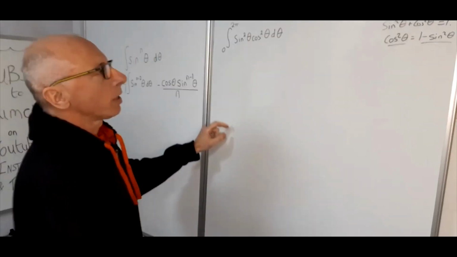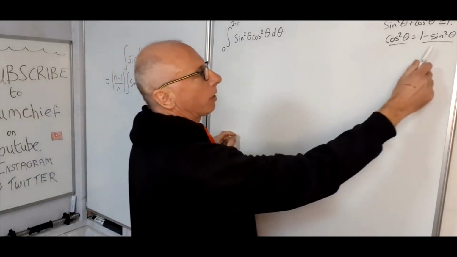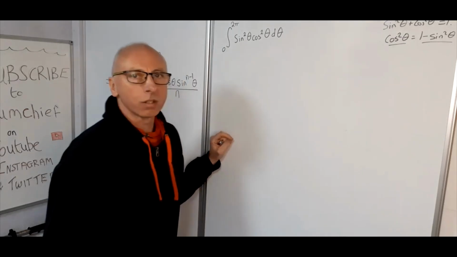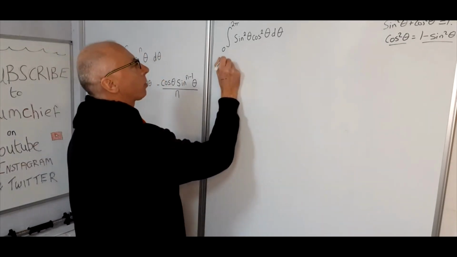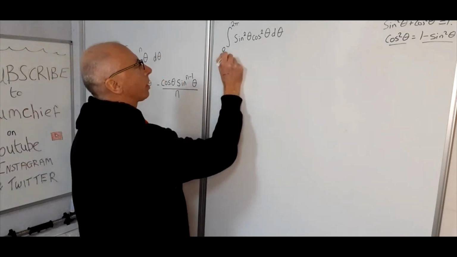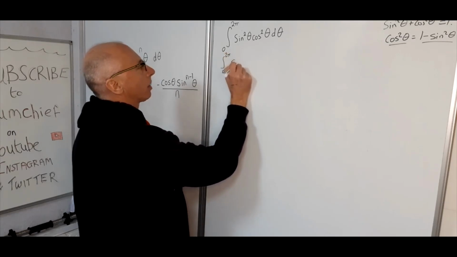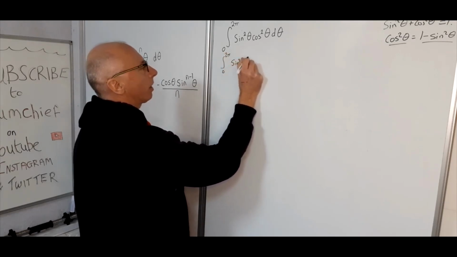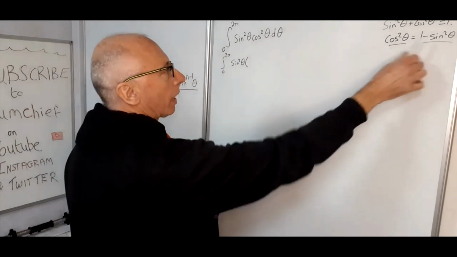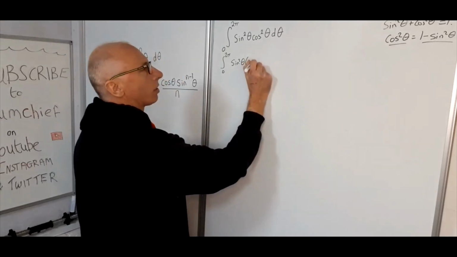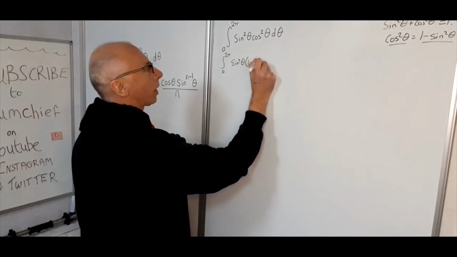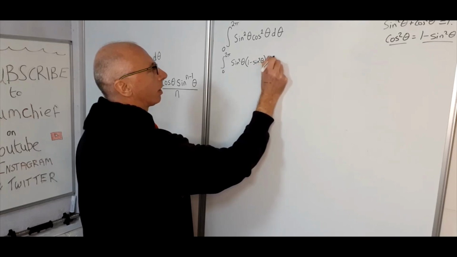So now what we can do is this cosine squared, we can substitute with 1 minus sine squared. So let's just rewrite the integral from 0 to 2 pi sine squared theta, now plug in this trig identity, sine squared theta d theta.